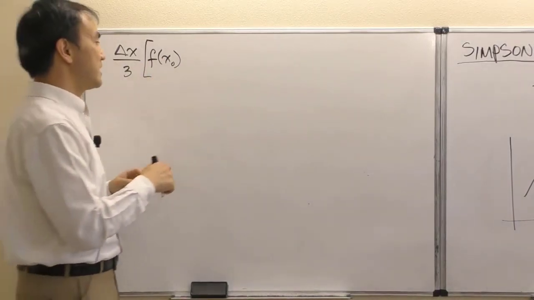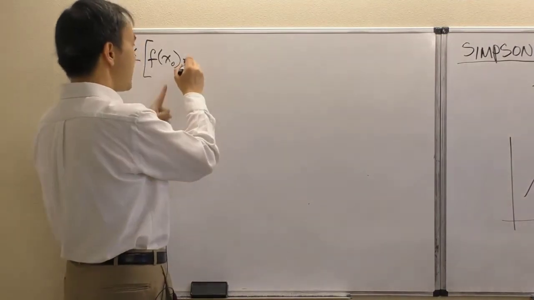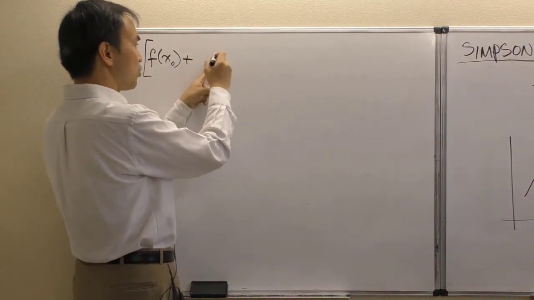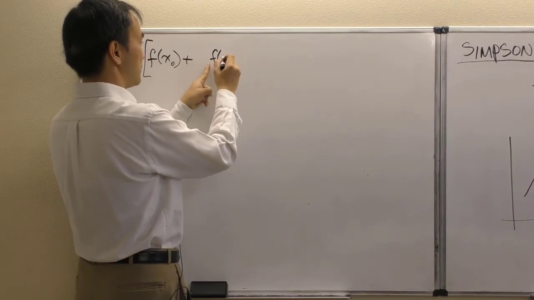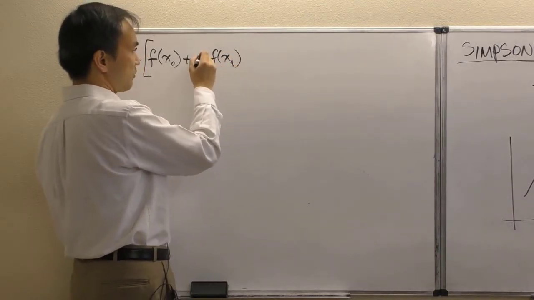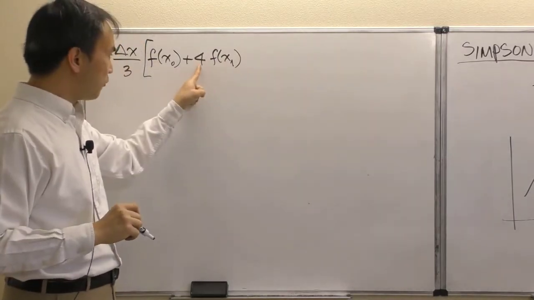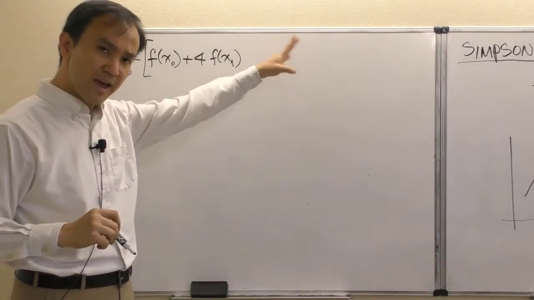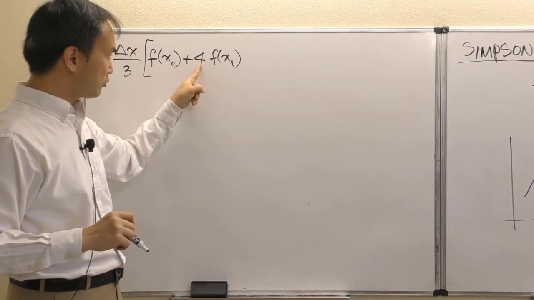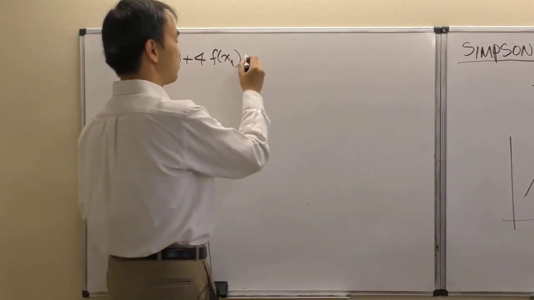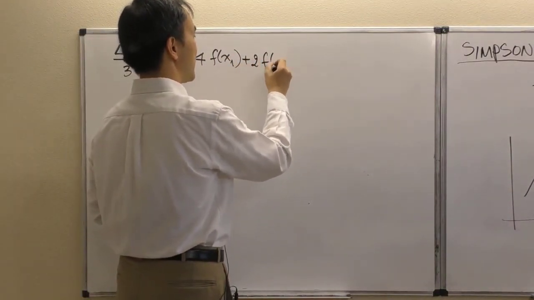Then the next one, starting with f of x1, I'm going to multiply with a coefficient 4. But then it's going to start alternating. After the 4 coefficient, the next one is f of x2. It's going to alternate from 4 down to 2. So plus 2 times f of x2.